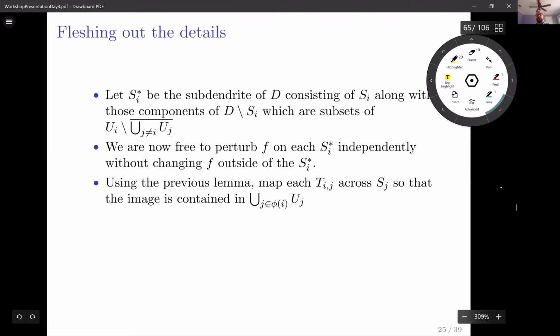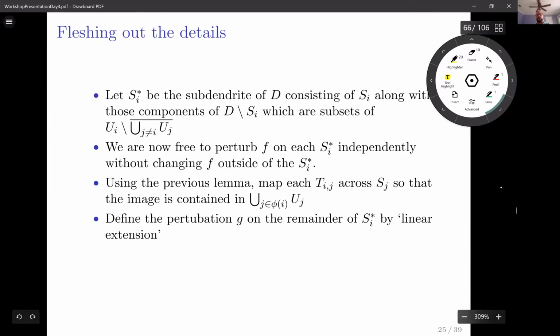All right, so using our lemma that we talked about ages ago, we're going to map each of these subarcs T_ij across each S_j that's in the pattern, right? So T_ij is a subset of S_i, and j is in the pattern of phi of i. And so I know that F of U_i contains S_j, and we're going to map T_ij so that it maps across all of those.